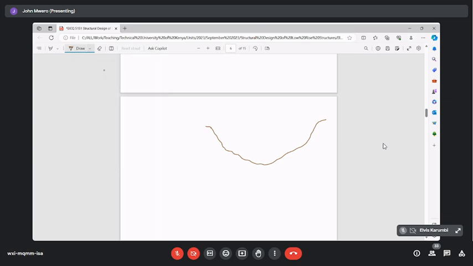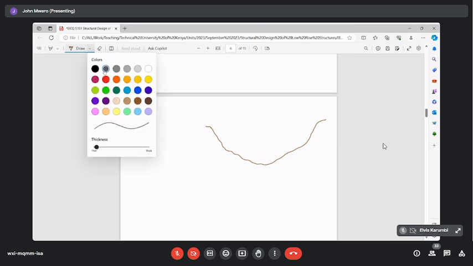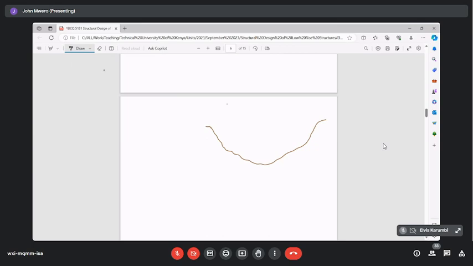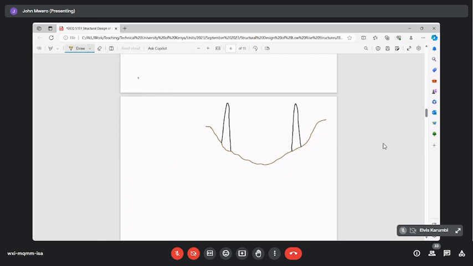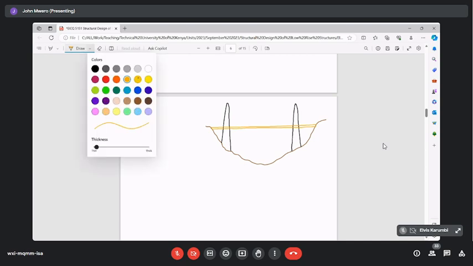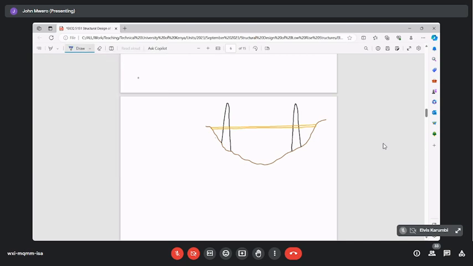Put your towers, the bridge deck, and your water line.